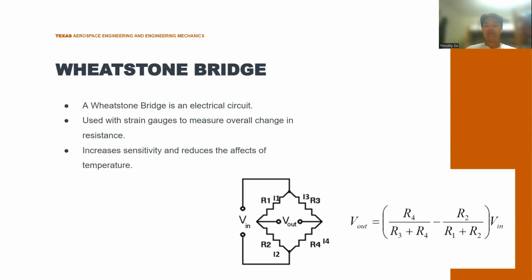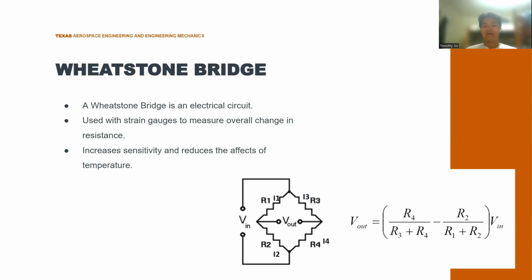Now, the strain gauge is usually put in location R4, and we usually know its original resistance reading. What we can measure is V out. Depending on what V out reads, we can go back and solve for the change in R4.